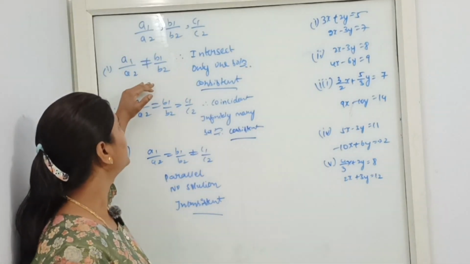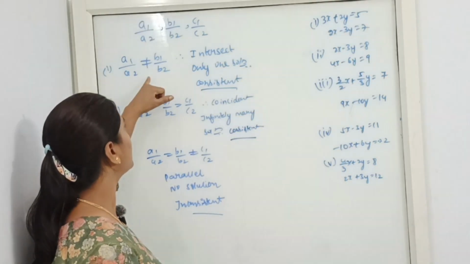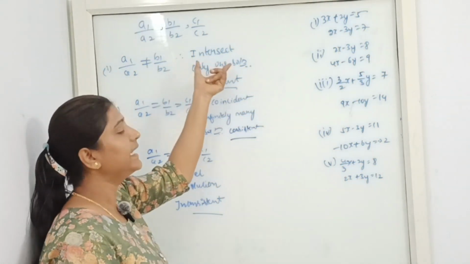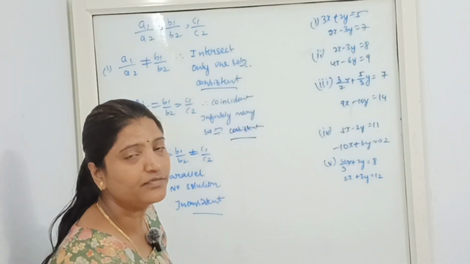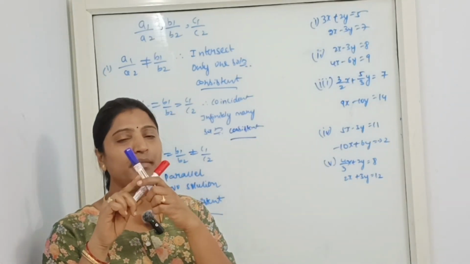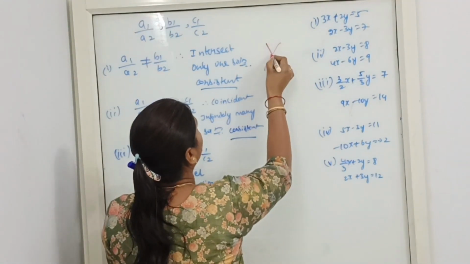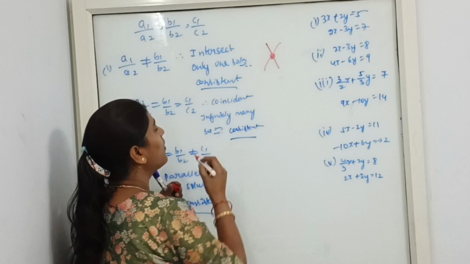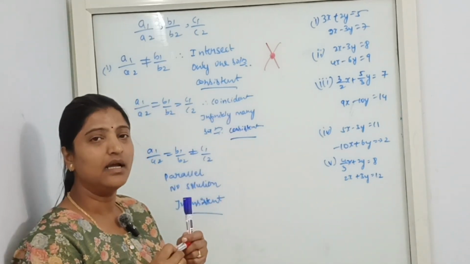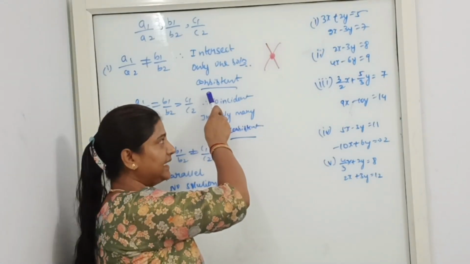See here, the first one, in the previous sum what I said, the ratios A1 by A2 not equal to B1 by B2, then they are intersecting. If they are intersecting, they meet at one point. If they meet at one point, then only one solution. Clear? If the solution exists, then they belong to consistent.